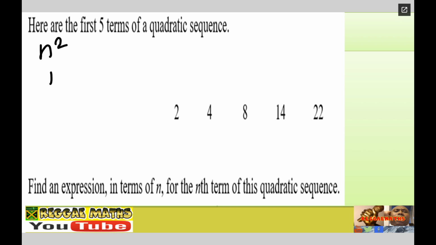So 1 squared is 1, then 2 squared is 4, 3 squared is 9, 4 squared is 16, 5 squared is 25. If we look at this here, we take the n squared out, take the difference out, and we're left with, taking 1 from this, 1.